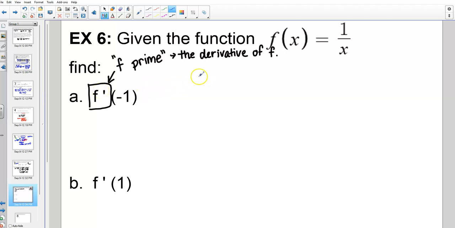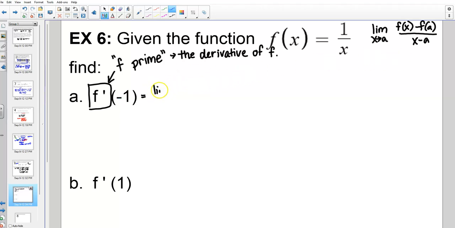So the formula that we're using for all of these is the limit as x approaches a of f of x minus f of a over x minus a. And in this particular case, the a is going to be -1 because that's the number inside the parentheses, the number you're evaluating it at.